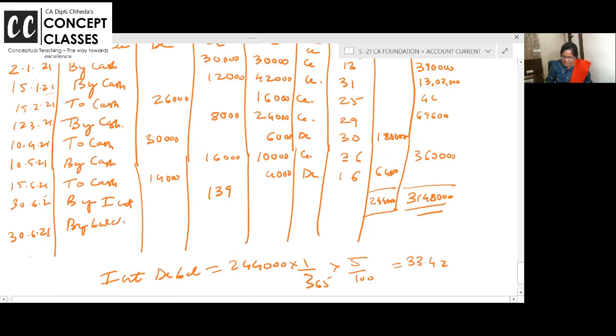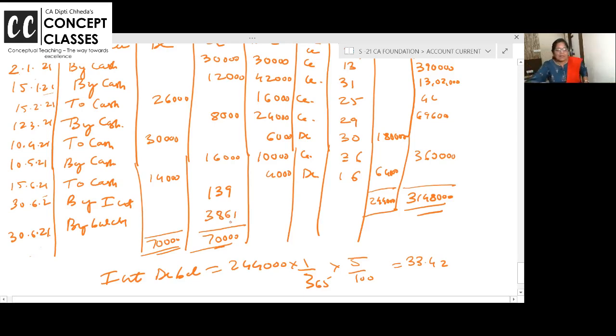By balance carried down. 26,000 plus 30,000 plus 3861. हो गया.